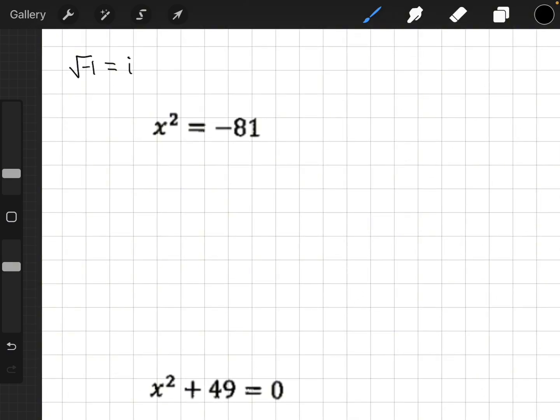So simply, in order to get rid of this power, we'll take the square root of both sides. So the square root of x squared is x. Then now we have the square root of negative 81. So that'll be plus or minus 9i. So this i serves as this negative square root function.